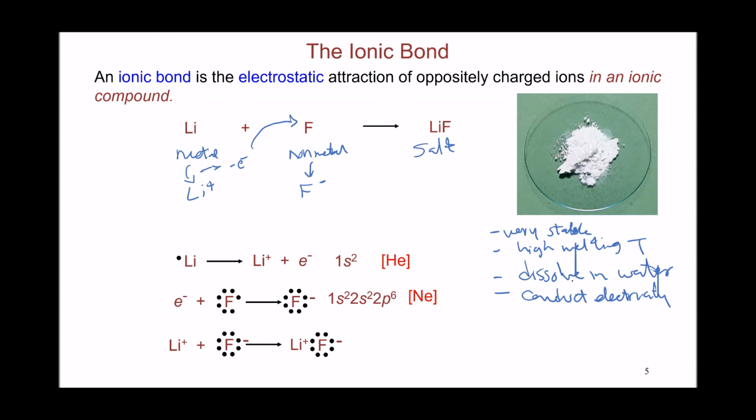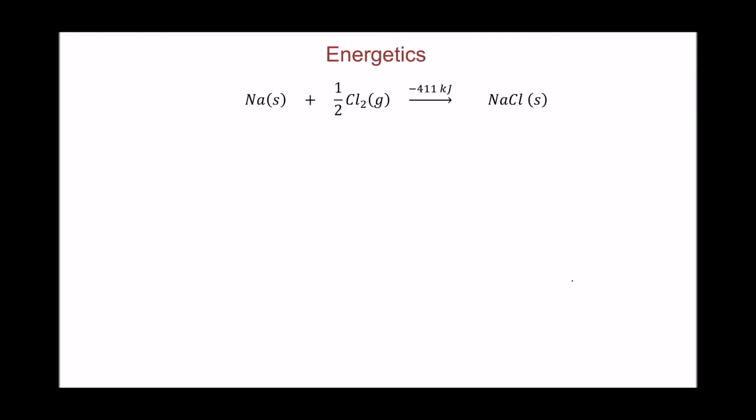The last thing in the context of ionic interaction is to explain the energetics of that interaction. So what is the source of that strong attraction or that strong energetic stability? Is it just the ionization of each species?